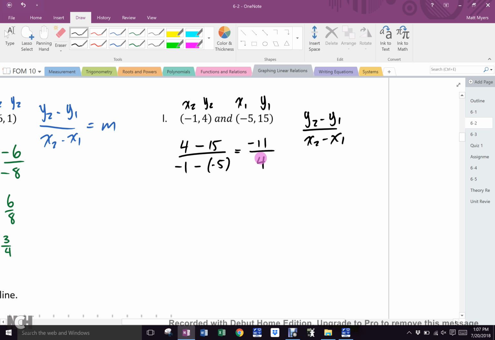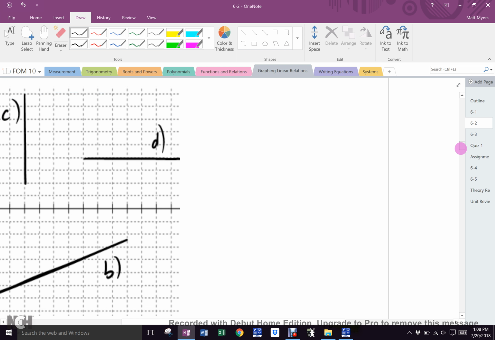Positive 4. So my slope is negative 11/4. Does everybody understand? Can everybody find slopes on a graph? Can everybody find slopes doing adding and subtracting? Great. Prove it.